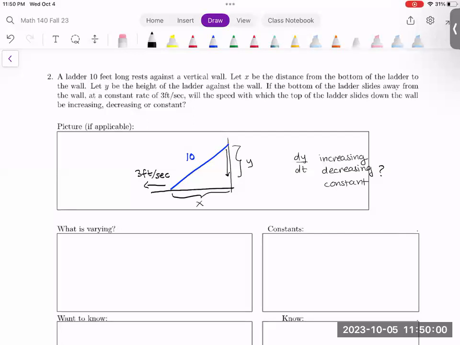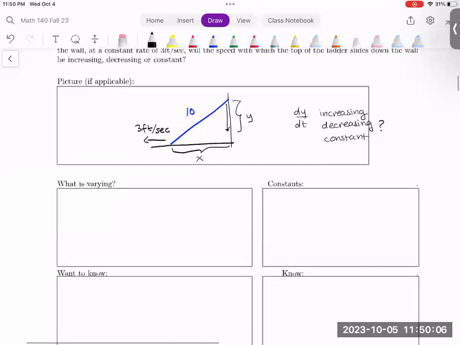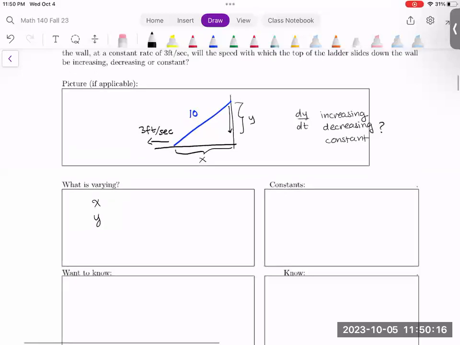I have this grid paper to help us organize the information that we've got. If we think about what's varying, x is varying, and so is y. The constant that we have is 10, the length of our ladder.